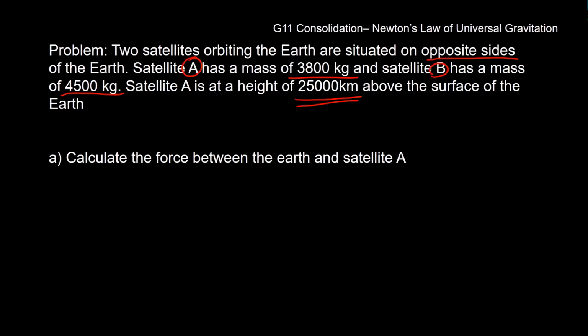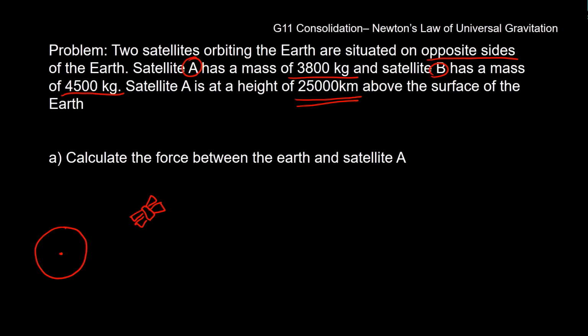So I want to draw a diagram because that makes me happy, and I can then understand what's going on. So here's Earth. I'm going to draw satellite A over here. That looks better.